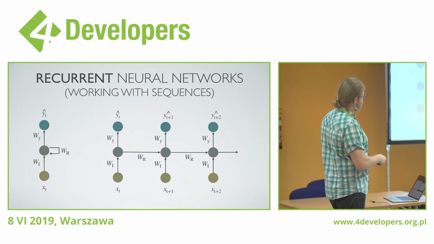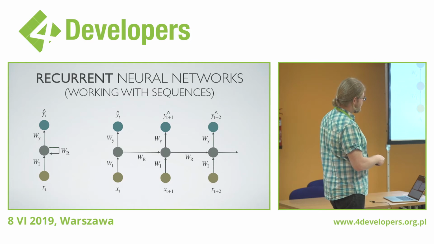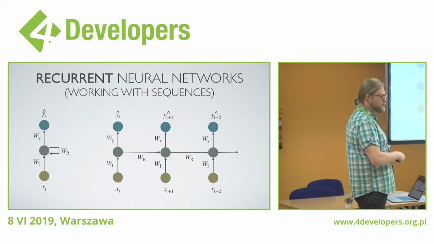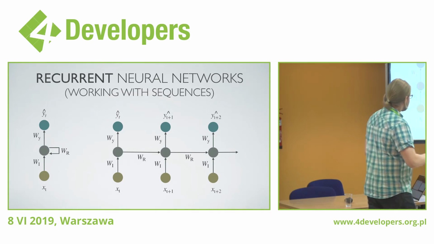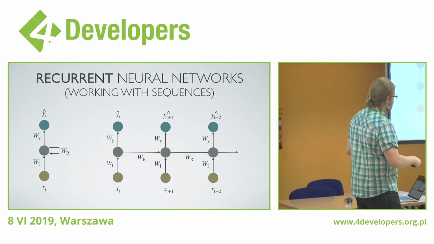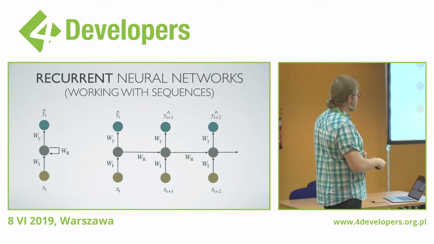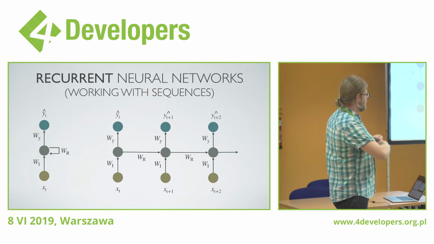And then you use that to calculate the output at the next time step, but you also use that. So this now contains information from this time step and also from this time step, so it kind of represents the memory of this neural network. You use that with the input at the next time step to produce the output at the next time step.